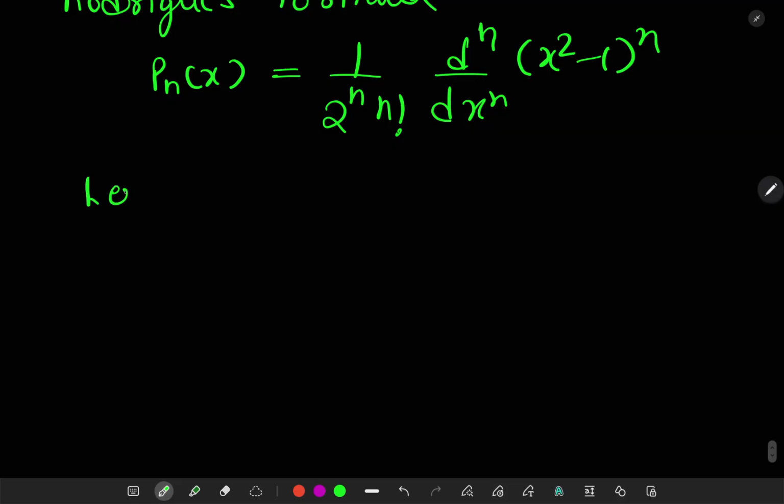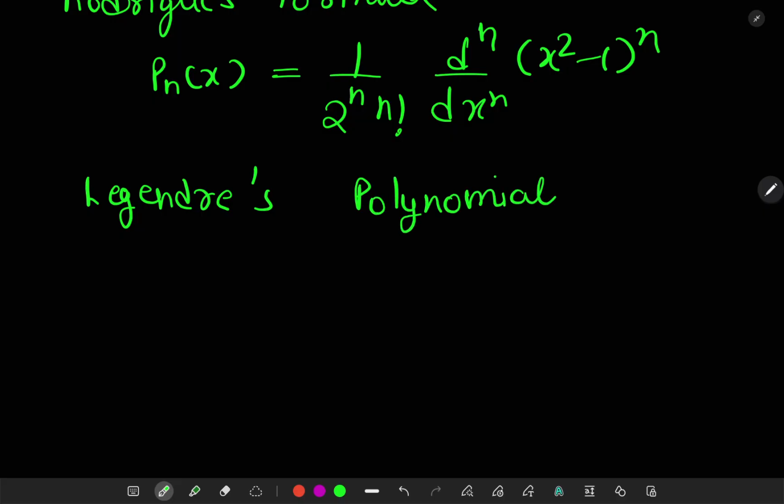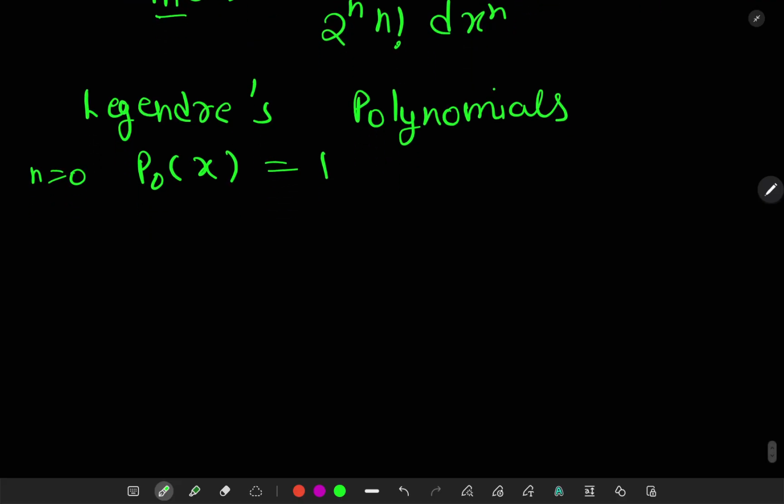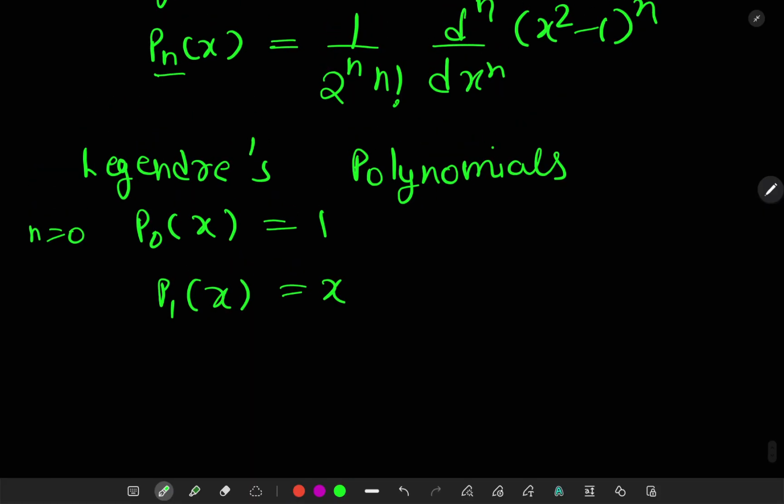Now, Legendre polynomials. At a fixed value of x and varying value of n from n equal to 0 to infinity, we can write for n equal to 0 we get P naught x equal to 1, and for n equal to 1 we get this value.